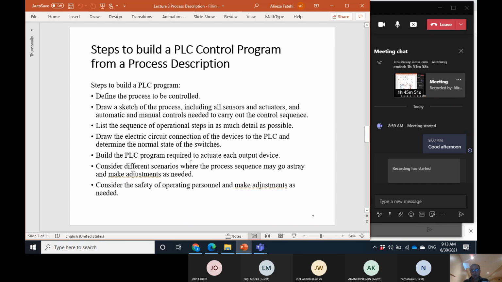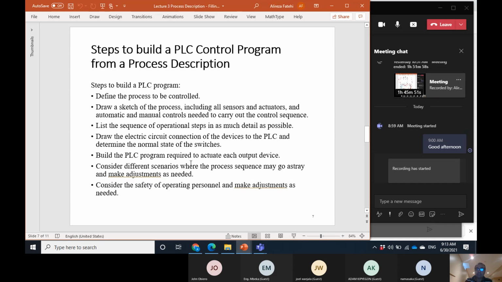But when we check different scenarios, we notice there are some situations that we should check again against the process description. Maybe the answers to our questions are there, or maybe there was not sufficient information, and then we should check with the process experts.